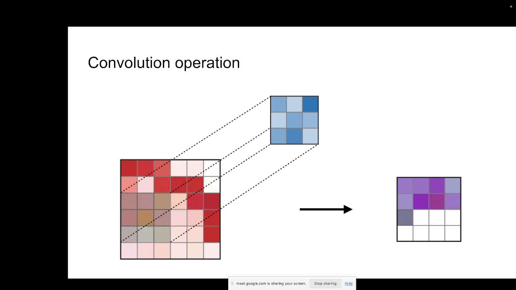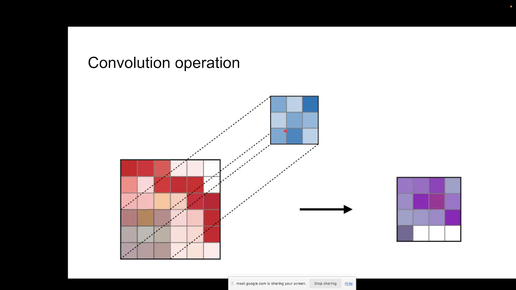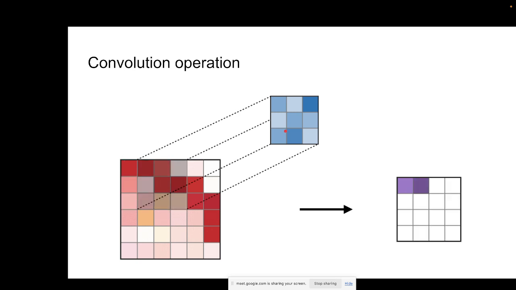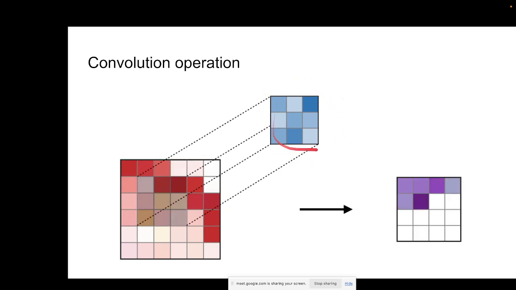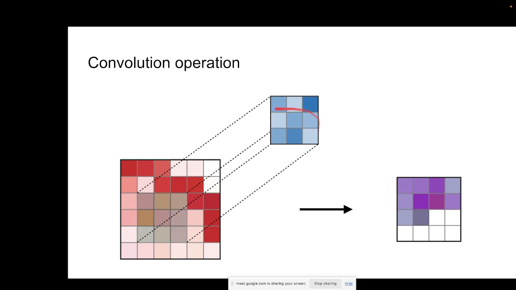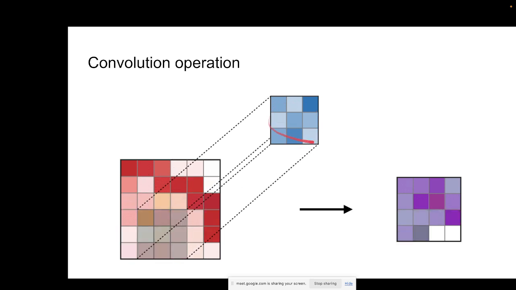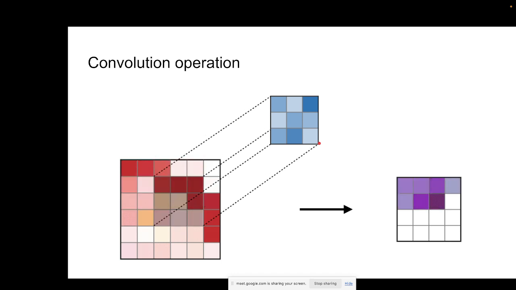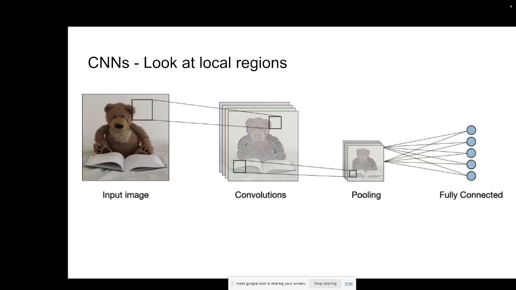If you go and study, you will see that these parameters, which we are calling filters or kernels, are not random numbers. These are meaningful small matrices which look for some meaningful semantic region in the image.